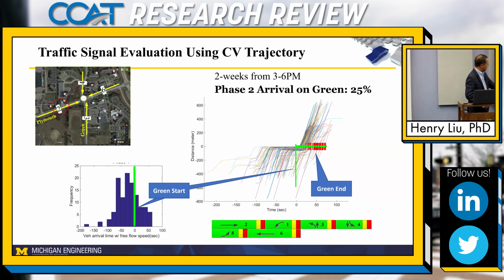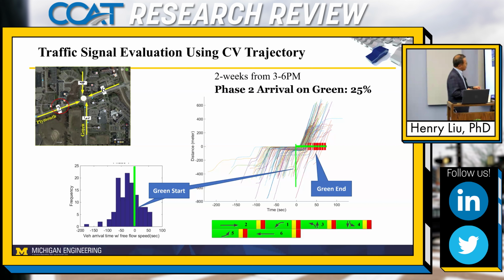this is where green starts, and then these are the vehicle arrivals. Just look at how many vehicles arrive at the intersection relative to the green start. And then you get the so-called histogram, right? The arrival histogram at the intersection.